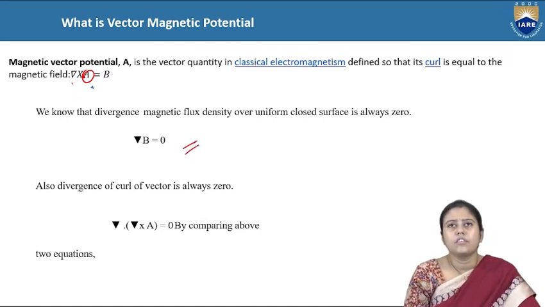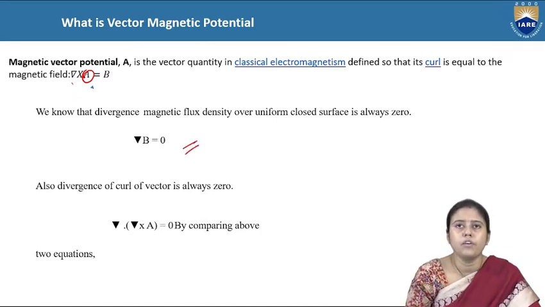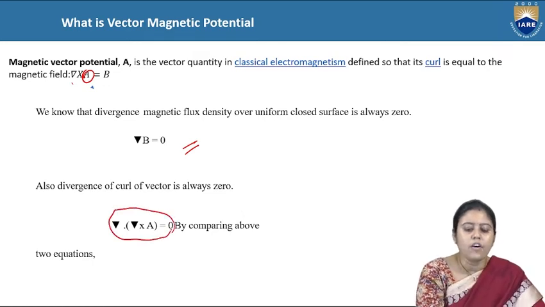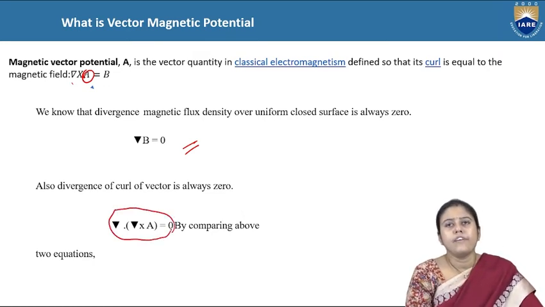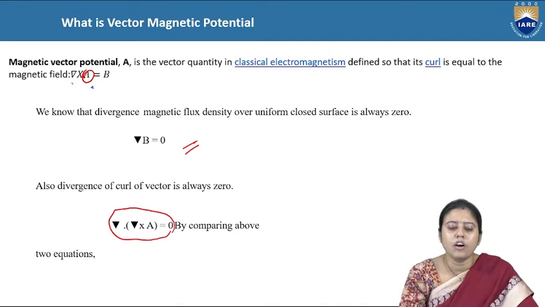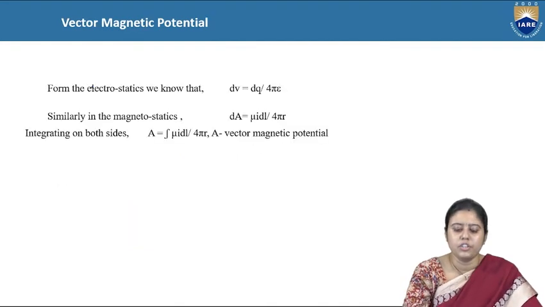So grad dot B equals 0. So if we put here grad dot grad cross A is also 0. And previously we have discussed that the divergence of a curl is 0. So this is the special case of the vector magnetic potential.